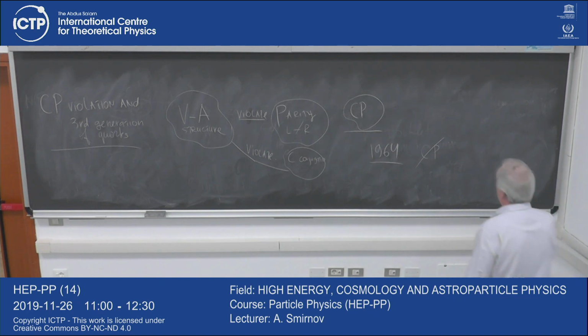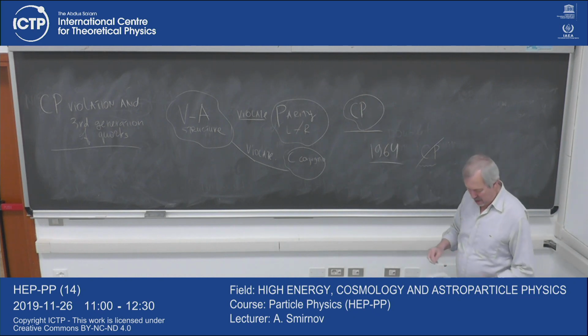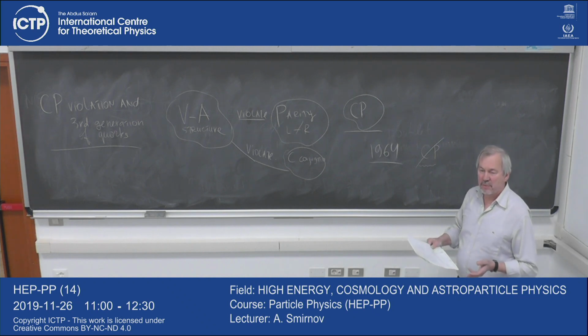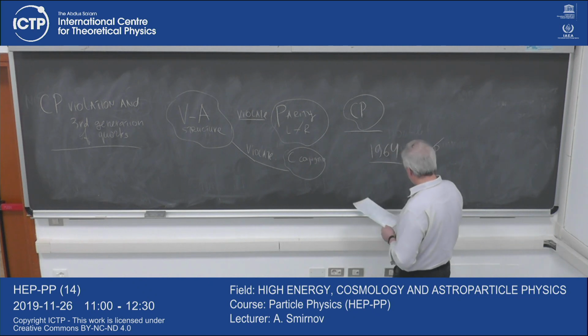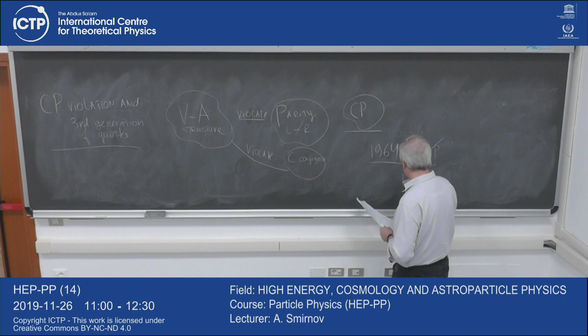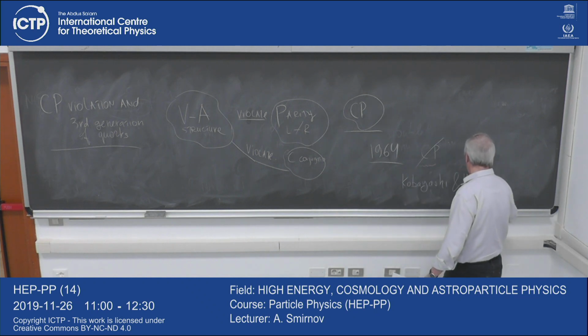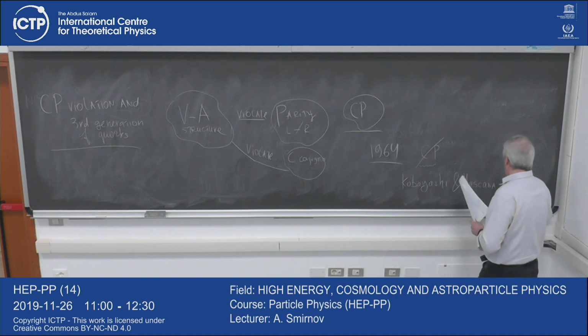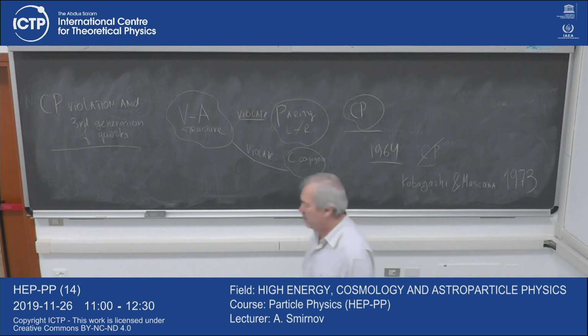And then people started to think how to explain this CP violation in the theory. There were a number of solutions proposed. One of the first was the solution proposed by Kobayashi and Maskawa, and that was in 1973. They got the Nobel Prize for this.